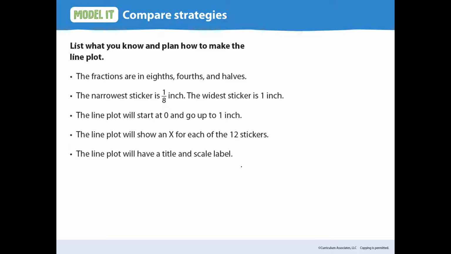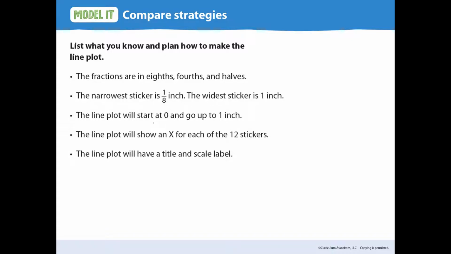Model It is at the bottom of page 558. List what you know and plan how to make the line plot. So we just did that, so we're going to talk through the process now of what we just did. The fractions are in eighths, fourths, and halves, so we know that. The narrowest sticker is 1/8 inch, the widest sticker is 1.